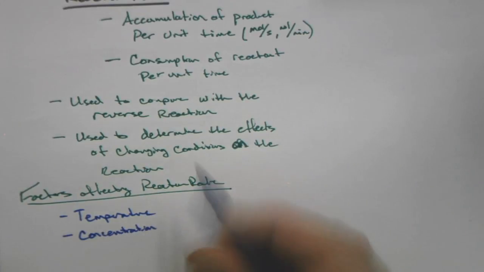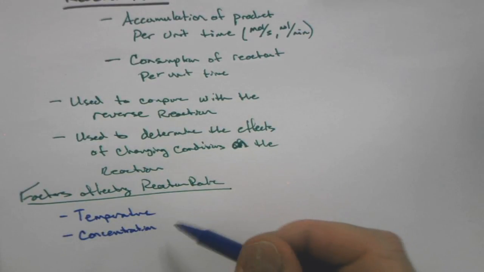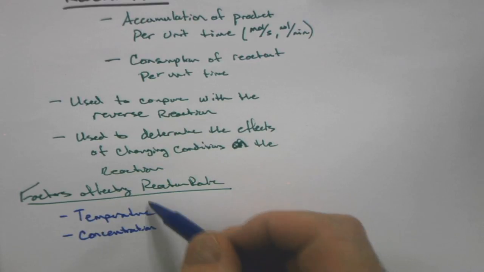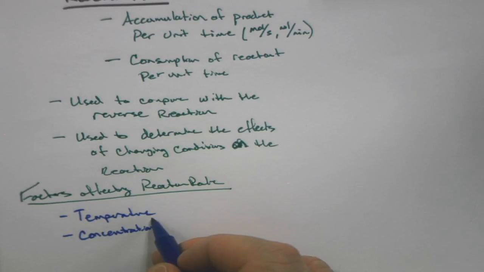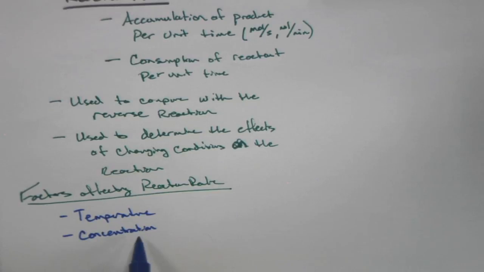We want to think about these in terms of molecules moving. If we increase the temperature, that means we have more molecules moving around. They're moving faster, and they're going to hit each other more frequently and harder. If we have higher concentration, that means there's more molecules around, which means the chances of having an effective collision are increased.